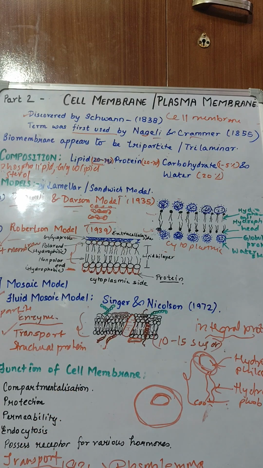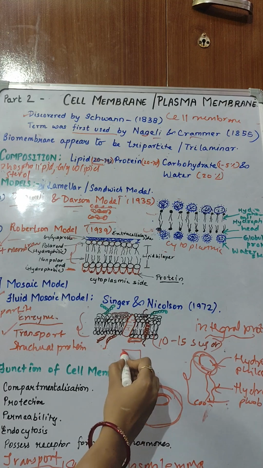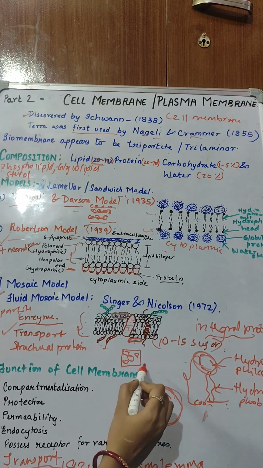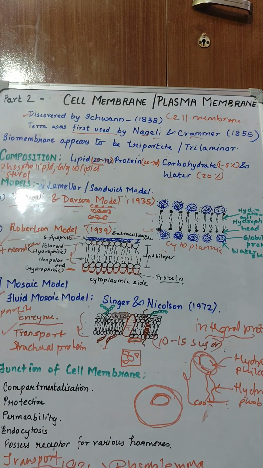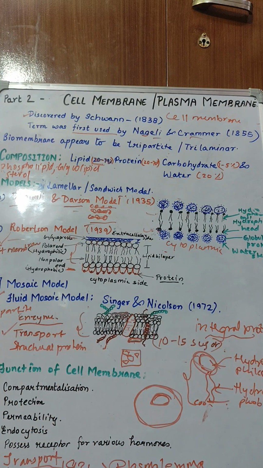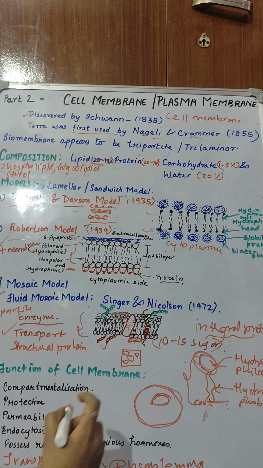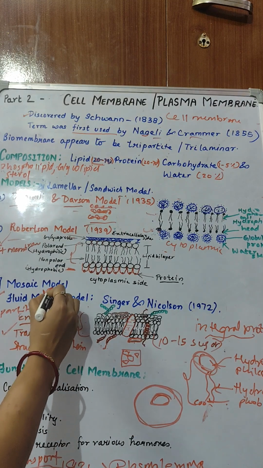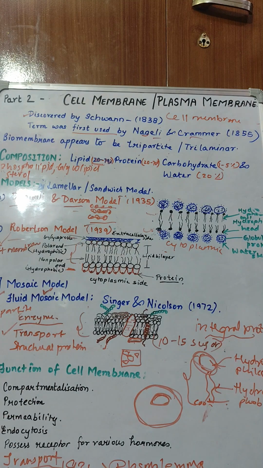Okay, protein and lipid are present in the form of a mosaic anywhere. You know what mosaic distribution is. Mosaic distribution means they can be present either here or here. So it depends. It is not that they are going to be uniformly spread somewhere. And this word mosaic is very accurate as compared to other models.